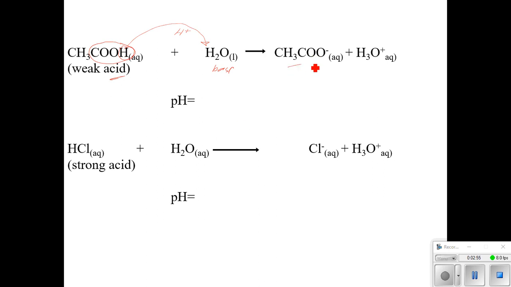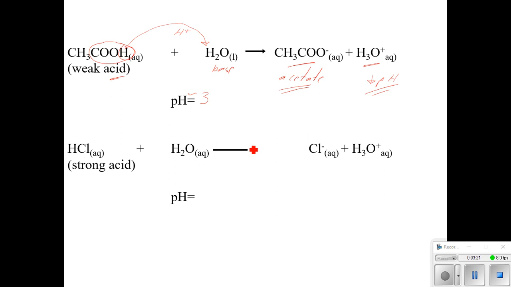What we get on the other side is our acetate ion, and again you would find this on the table of polyatomic ions, and of course our H3O+. As this goes up, the pH is going to go down, so that is going to drop the pH away from a neutral pH, and that's what makes this an acidic solution. As it turns out here, the pH ends up being somewhere around a pH of 3.